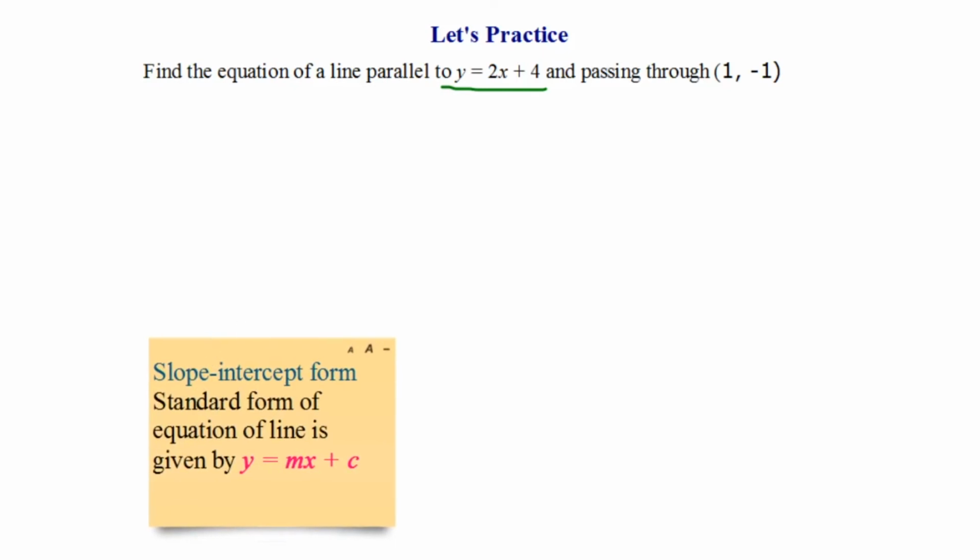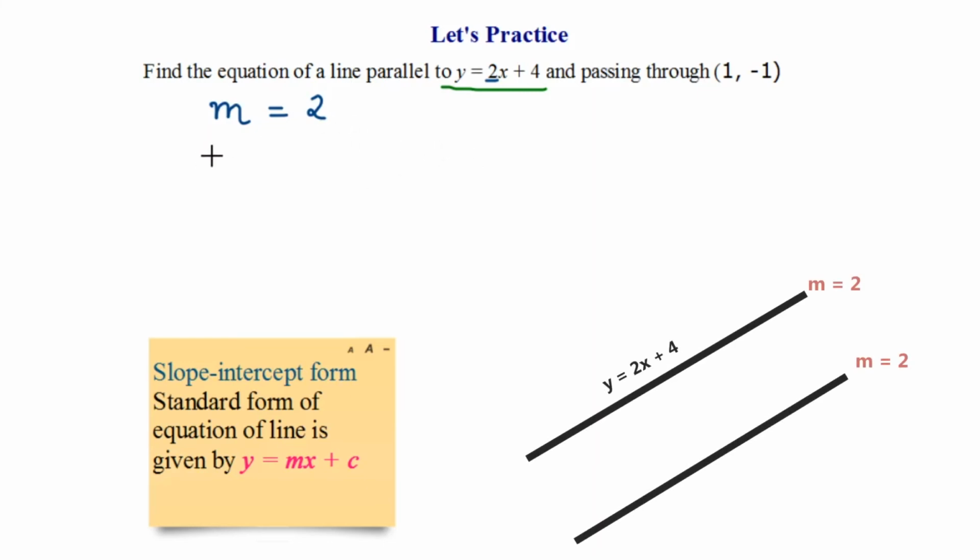You may watch one more existing video on the channel to understand this better. Now, the coefficient of x in this case is 2 and hence the gradient of this line is 2. We know that parallel lines have the same gradient and hence the line which is parallel to the given line will also have a gradient of 2.